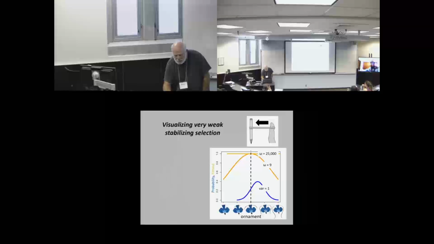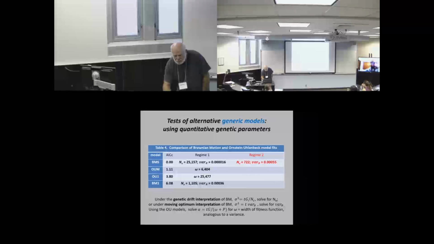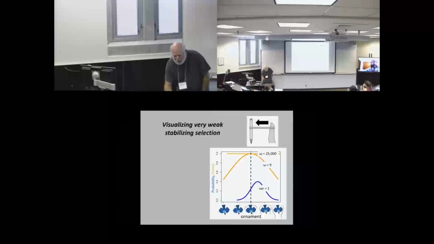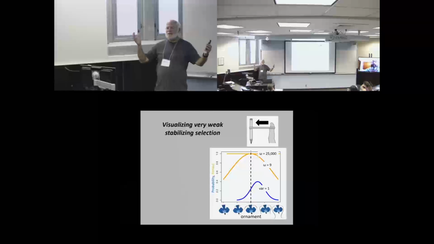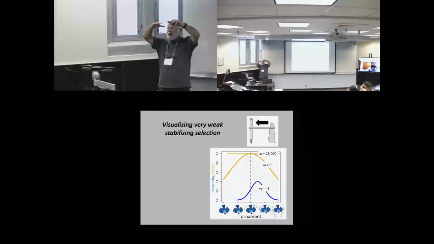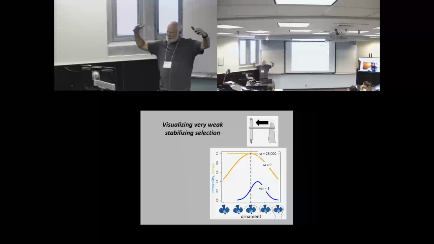All right, so what does an omega of 6,000 or 25,000 look like? Here's 9 versus 1, right? So when you make this 6,000 or 25,000, it's almost flat. And you could say, well, you're just assuming that it's neutral, but actually that curvature exerts and helps bound evolution on really long time scales.